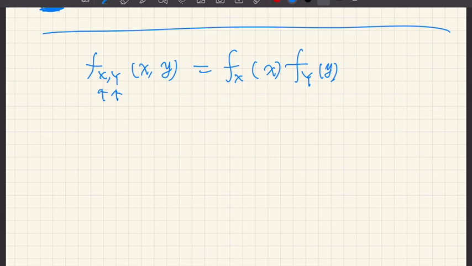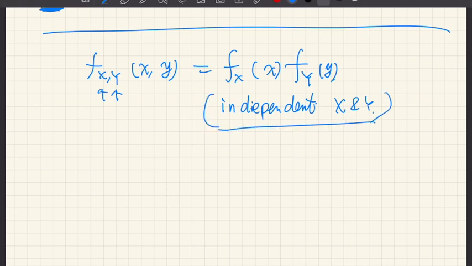If they are not independent, we cannot do this decomposition.